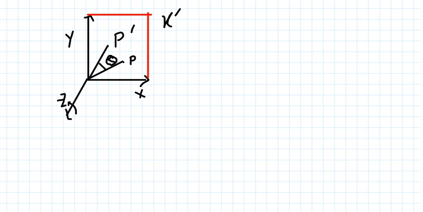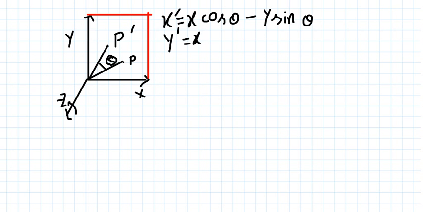So x dash will be x cos theta minus y sin theta. Y dash will be x sin theta plus y cos theta.